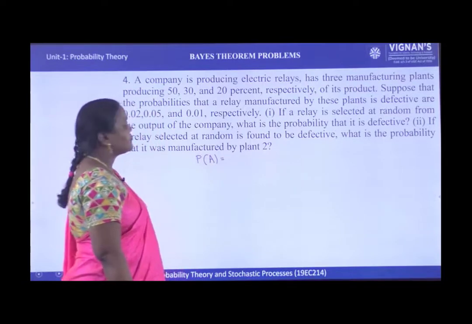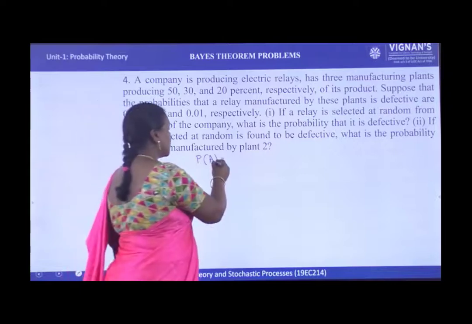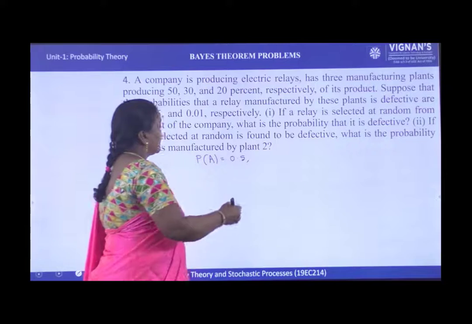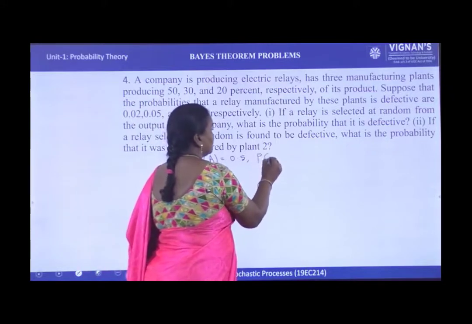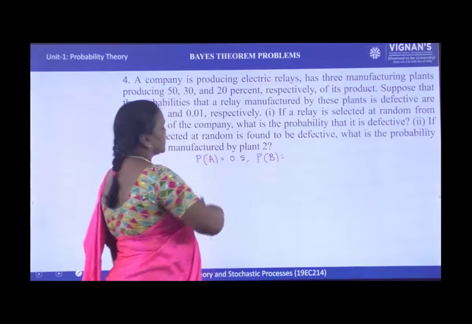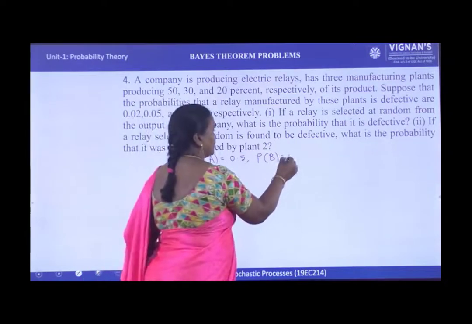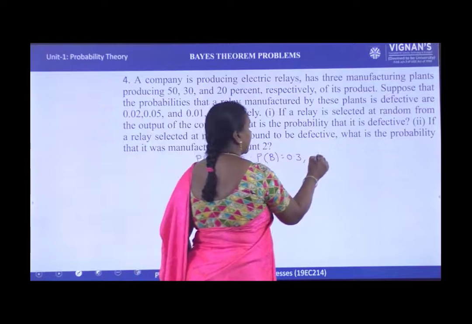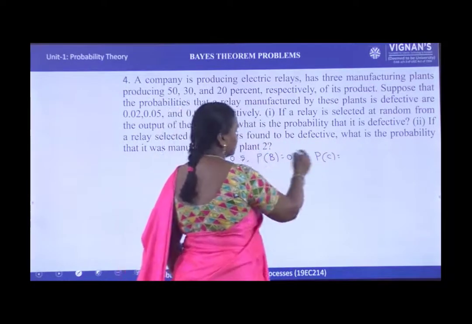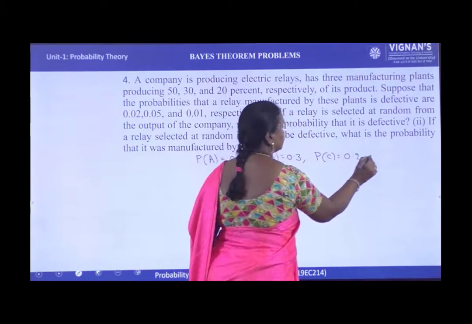It is producing 50% means the probability of selecting it is 0.5. Similarly, the next company B, how much percentage it is producing? 30%. So 0.3. And next company, it is producing 20%, that means 0.2.